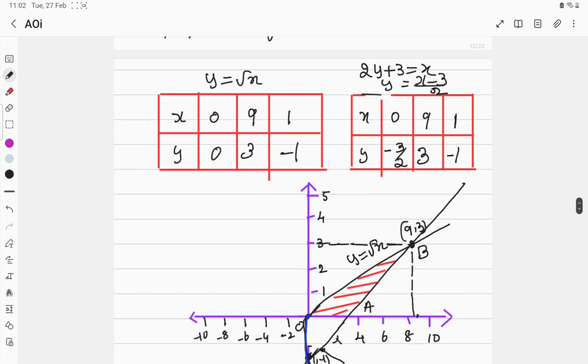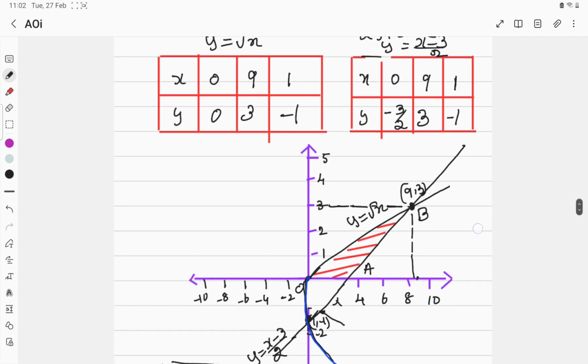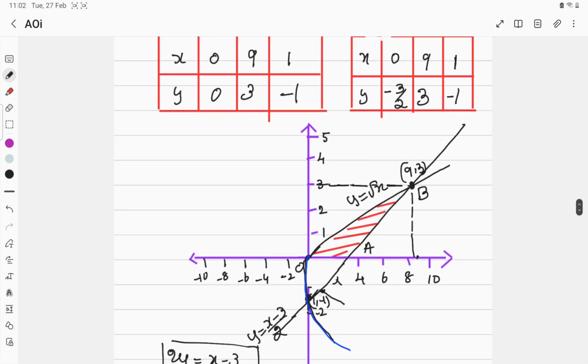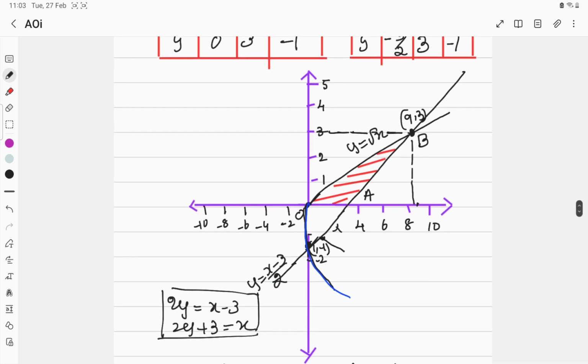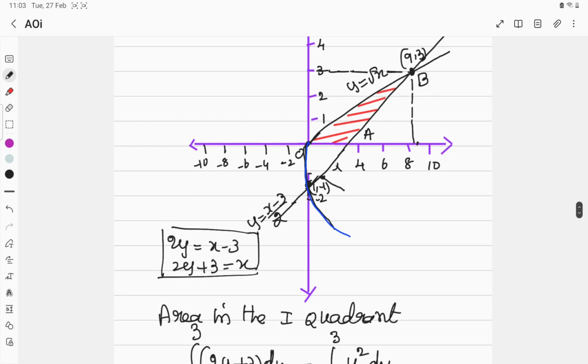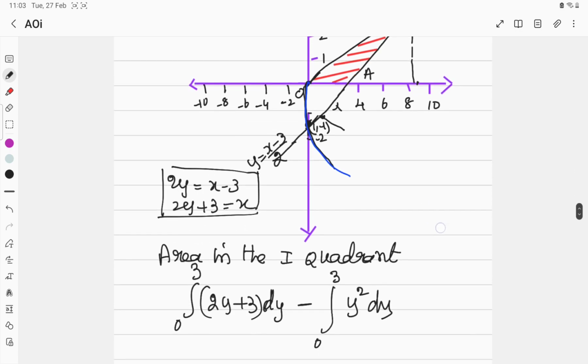Here 2y + 3 = x, then y = (x − 3)/2. Taking any values as usual, we draw the straight line. Here 2y = x − 3, this straight line. The area is in the first quadrant.